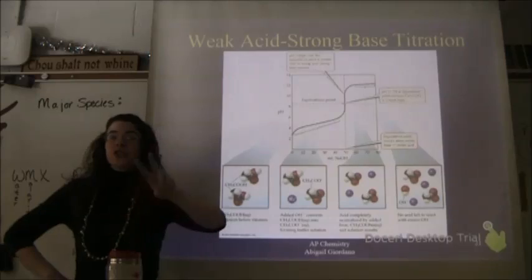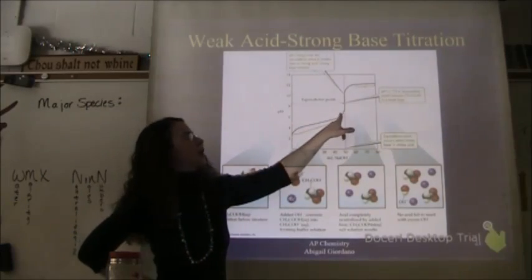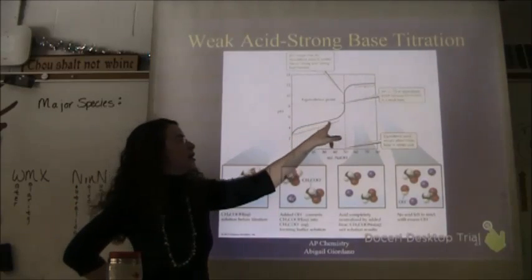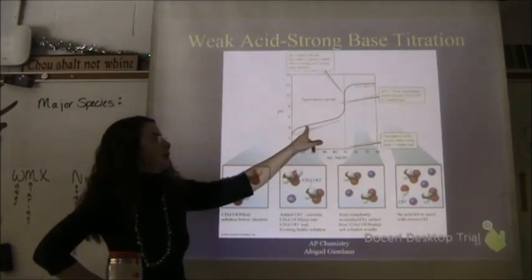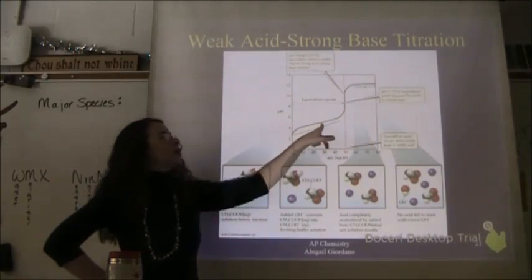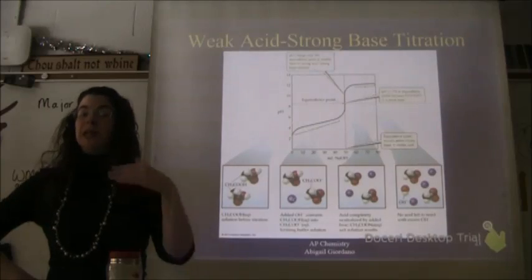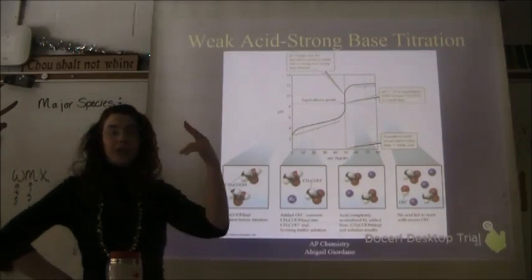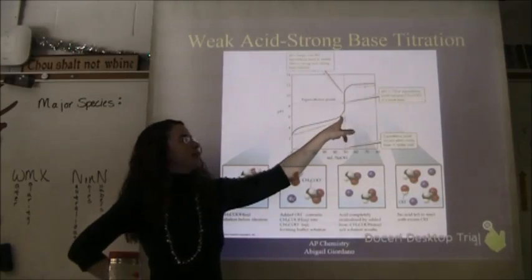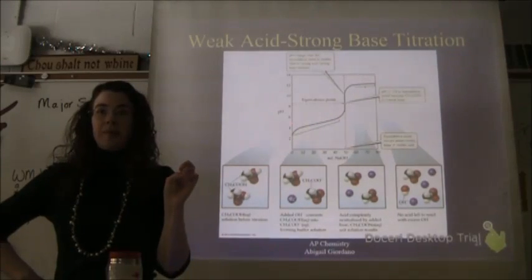The next 2 steps are in this range. Anywhere after 0 and before the equivalence point, we've started adding base. We had what I call Newman ice tables. But look at your problem. The next 2 calculations, what were we left with at the end of those Newman ice tables?